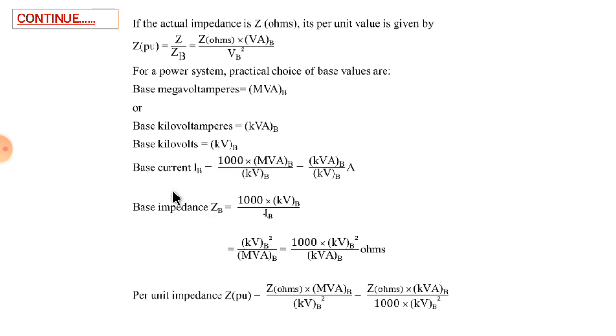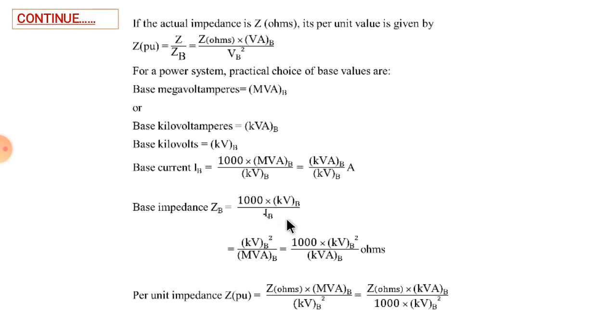So base current IB is, multiplied with K, which is 1000, 1000 into MVA base divided by KV base. So KVA base to KV base ampere is the base current, and the base impedance value will become 1000 into KV base, KV base divided by VA base.